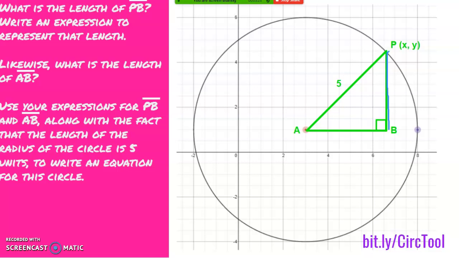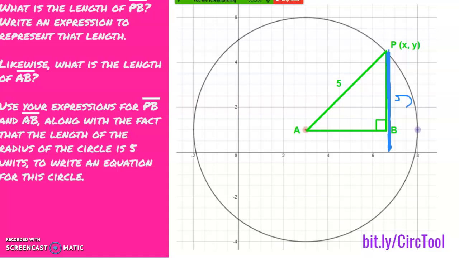Let's call that x. Nope, we're not going to call that x, because let me show you what x is. This is x, right? Or actually it's y. Let's call it y. From the x-axis up to here is y.